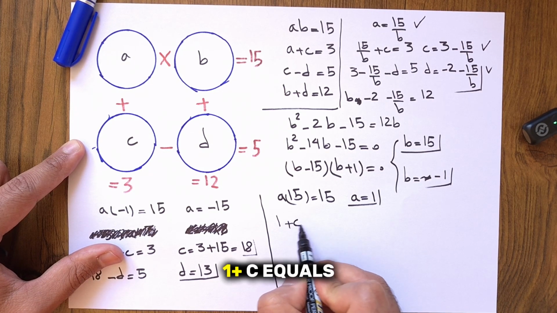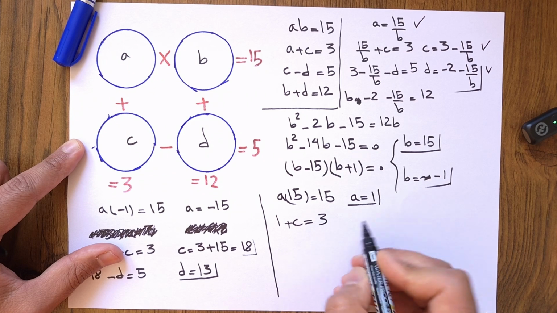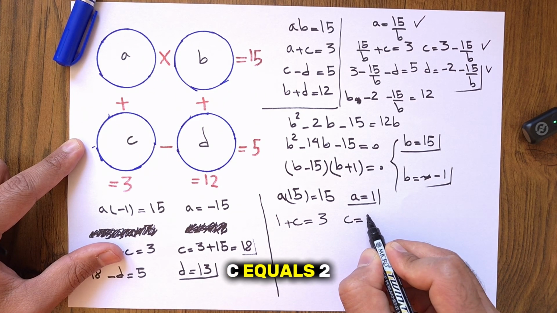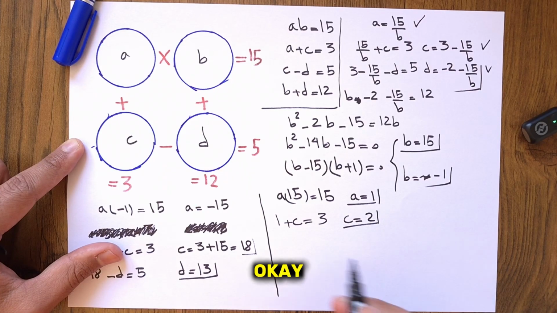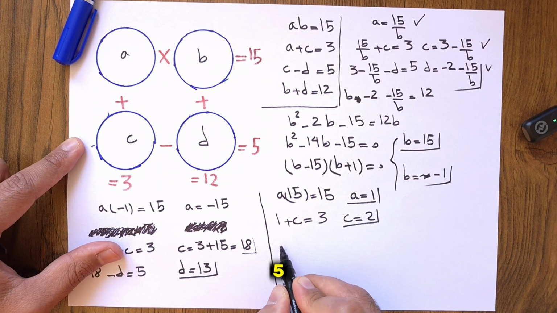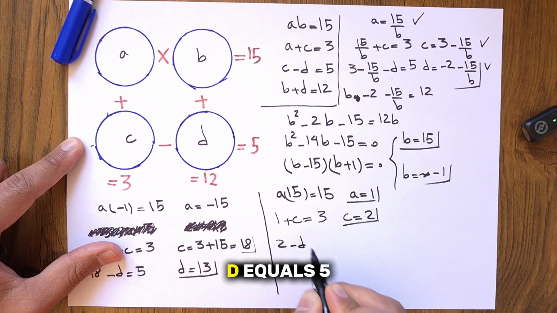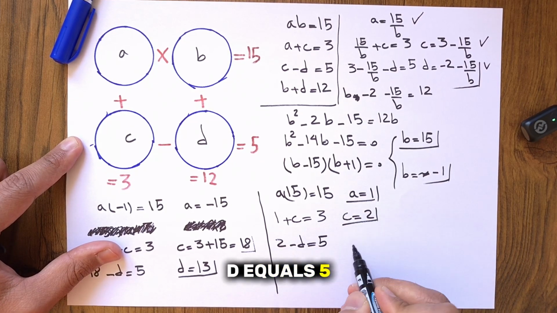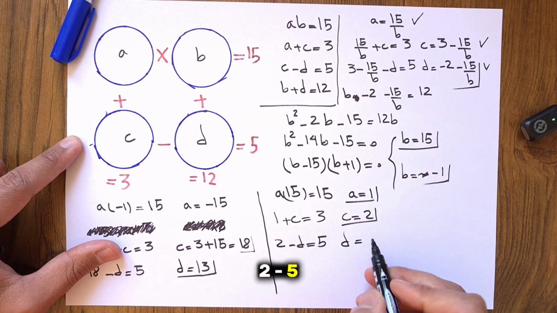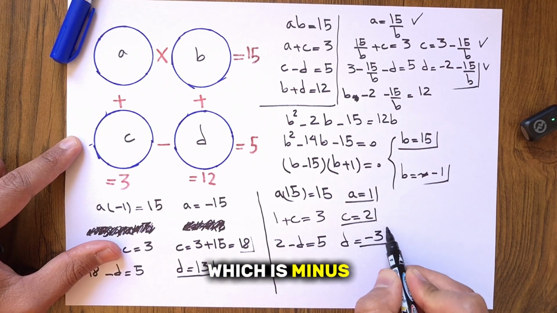So 1 plus C equals 3. So we can say that C equals 2. Then in the next one, C minus D equals 5. So 2 minus D equals 5. So D equals 2 minus 5, which is minus 3.